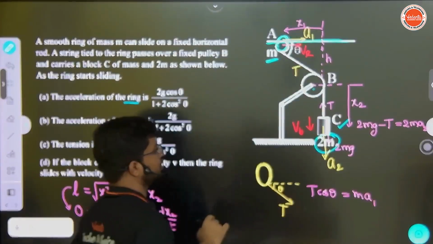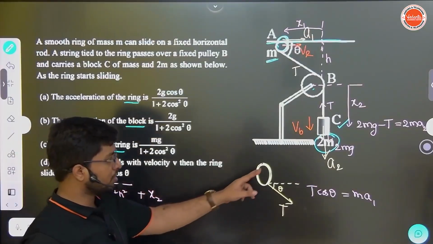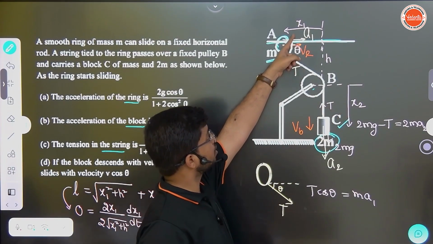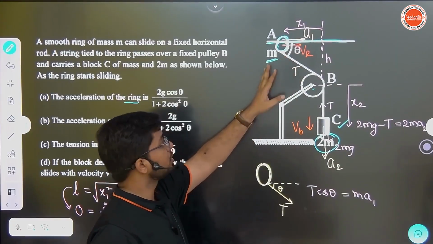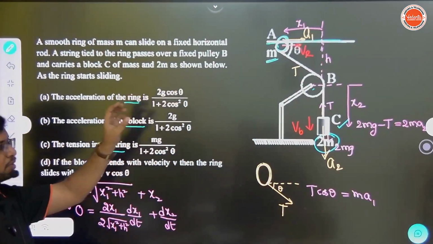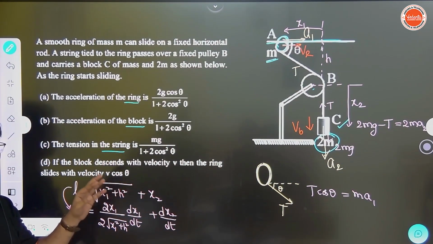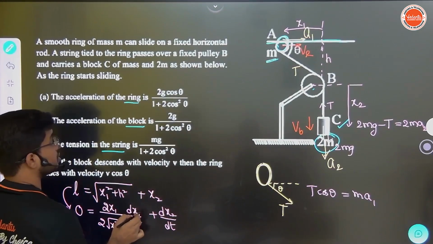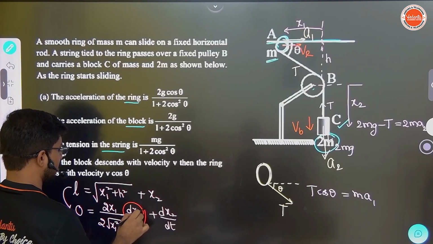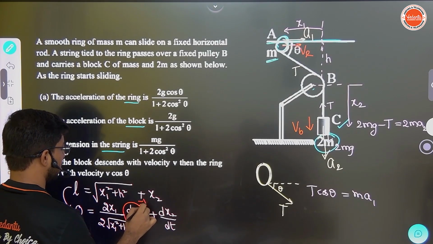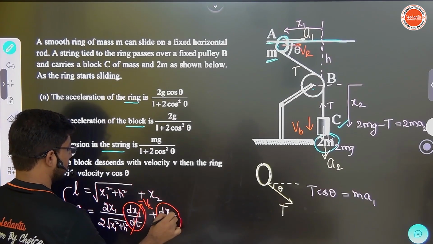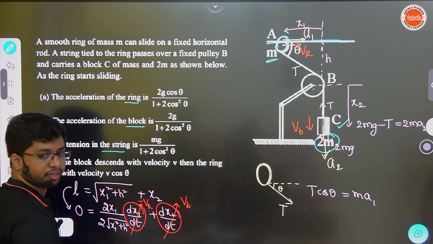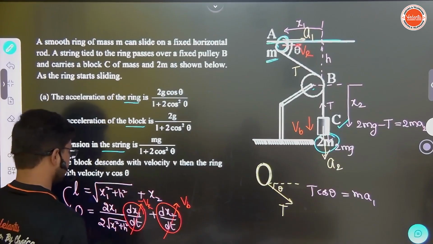Velocity of the block and x2 I took in the same direction, and vr and x1 I took in the opposite direction. That means in place of dx1 by dt, I should write minus vr, and in place of dx2 by dt, I should write vb. Clear with this?